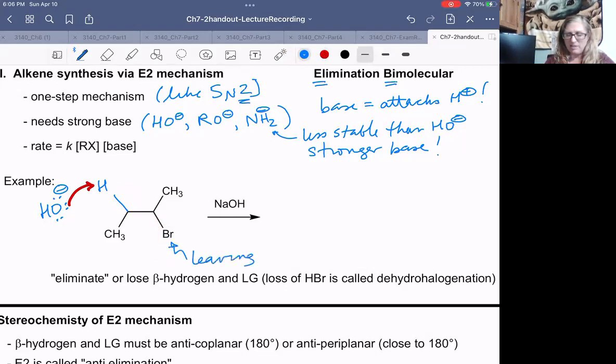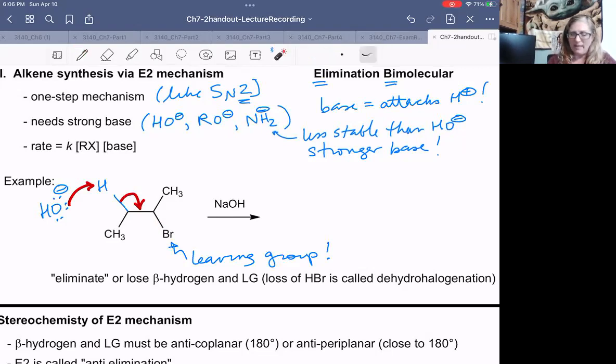Remember, that's what's special about alkyl halides, bromide, chloride, iodide, is they all serve as potential leaving groups. So that's how we saw substitution reactions being possible. And now we're seeing that that's what makes elimination reactions possible as well. Okay, so what happens is these 2 electrons actually come over here and form a pi bond. So we're going to turn this single bond into a double bond.